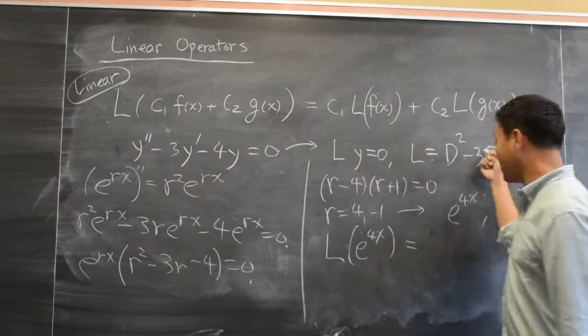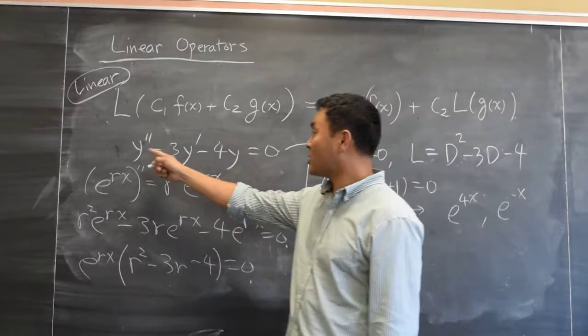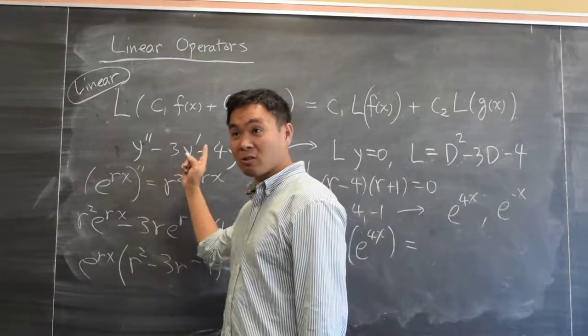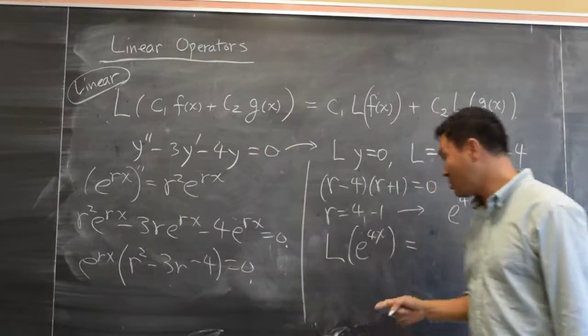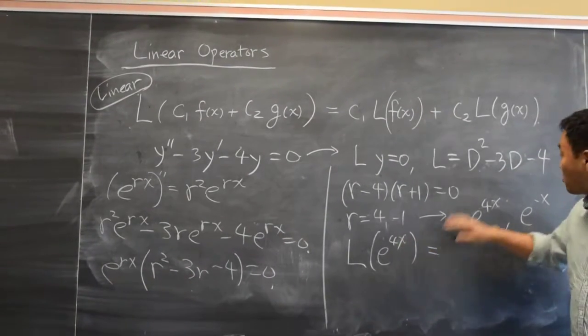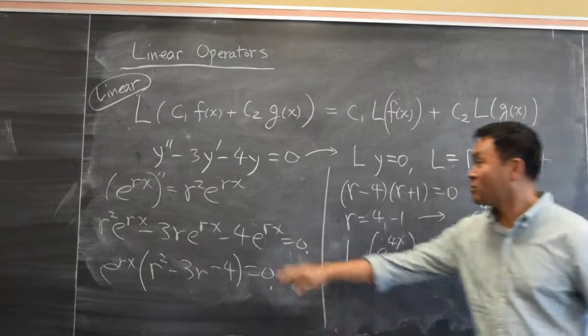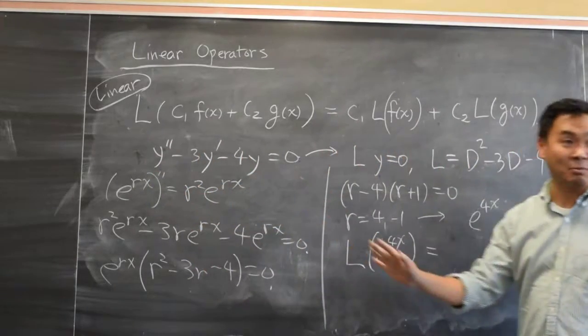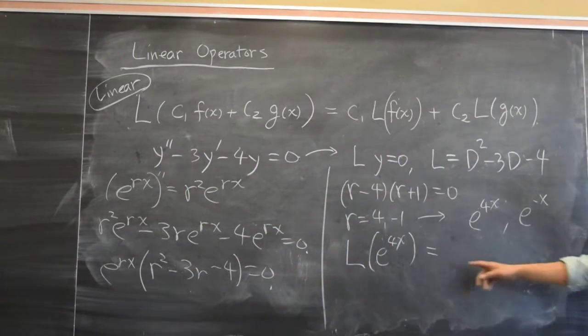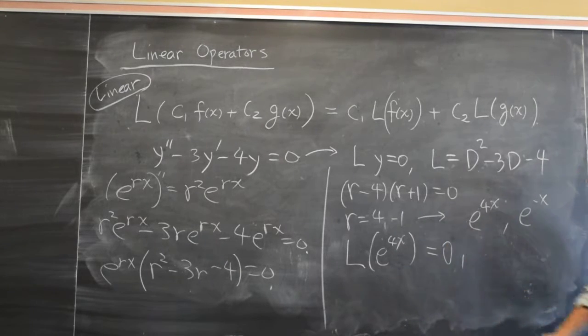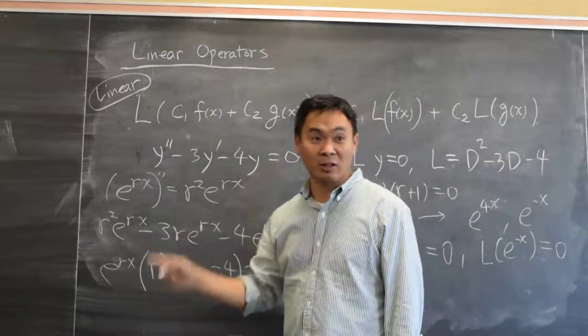Applying this differential operator to this and plugging this in the left side are exactly the same thing. Therefore, we know that it's equal to 0. What about L times e to the negative x? What would that give me? 0 again, because if you plug it in here, we know that it's going to create 0.